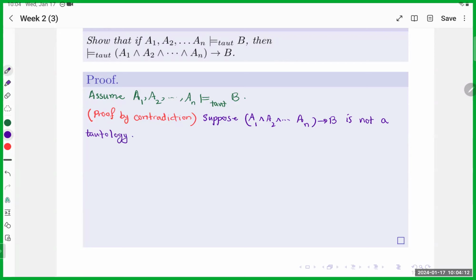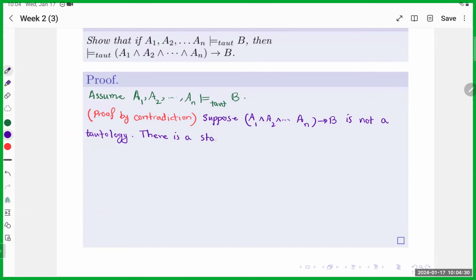What does it mean that a formula is not a tautology? It means that there is a state that assigns false to it. So this means there is a state.